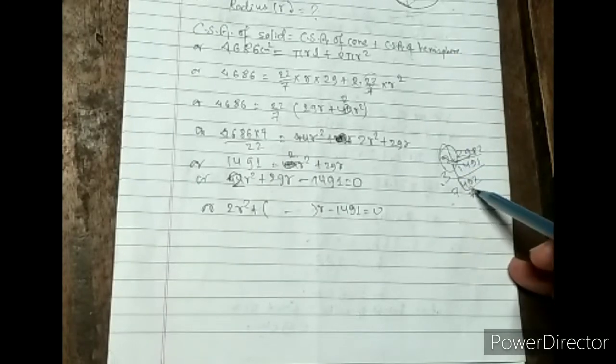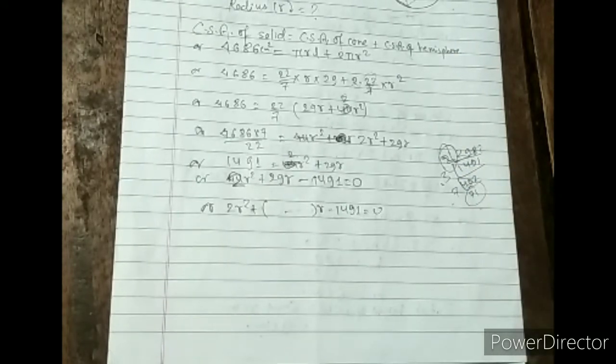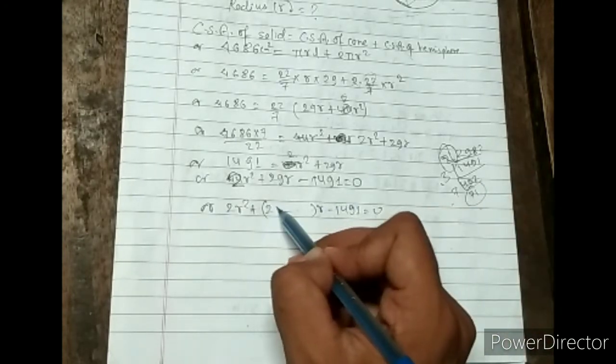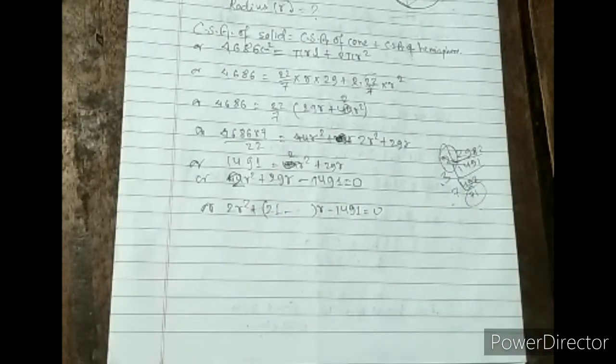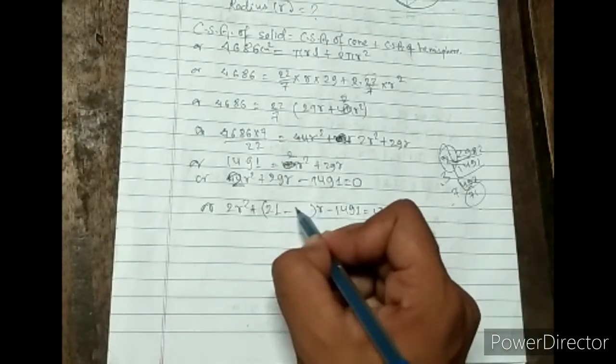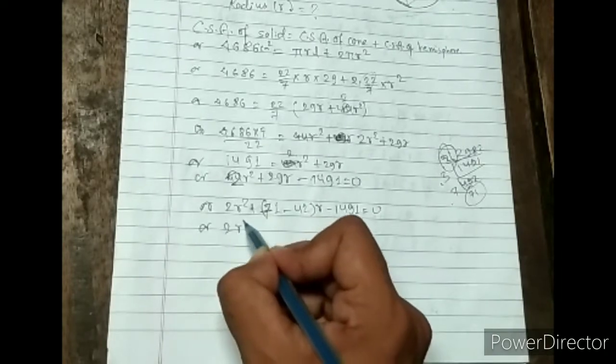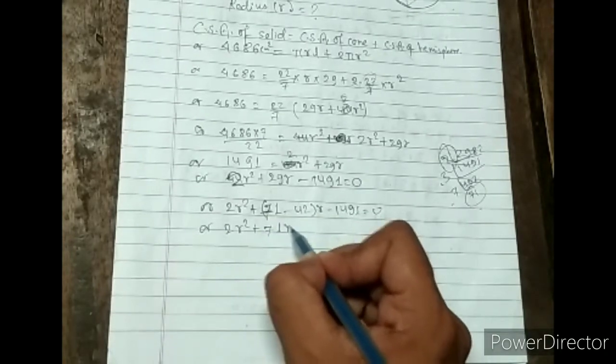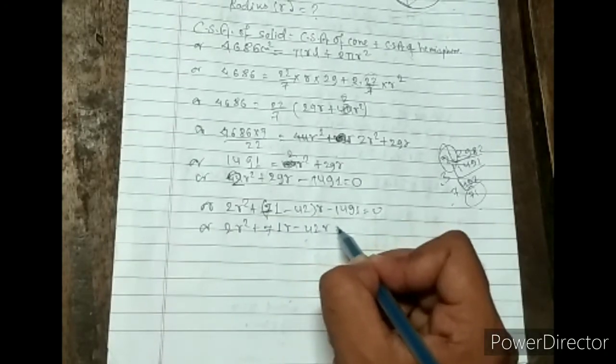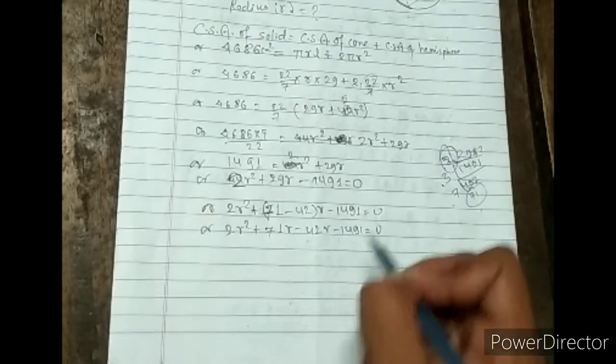So multiply 7 into 3 into 2, that is 42, and we need 71 minus 42 equals 29. So 2r square plus 71r minus 42r minus 1491 equals 0.